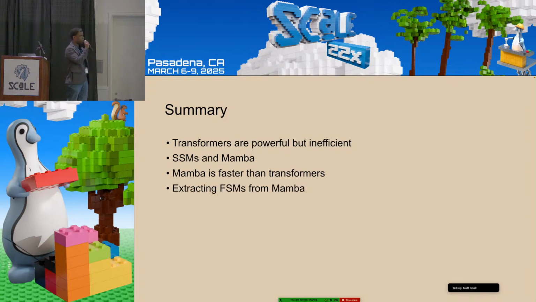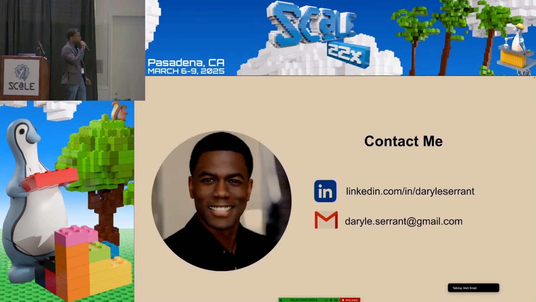And we talked a little bit about my research on extracting finite state machines to understand how to improve these models further. Mamba, to me, represents a really exciting path towards making AI more scalable and efficient, and a way to make AI that is faster and accessible to not just big tech, but everyone as well.